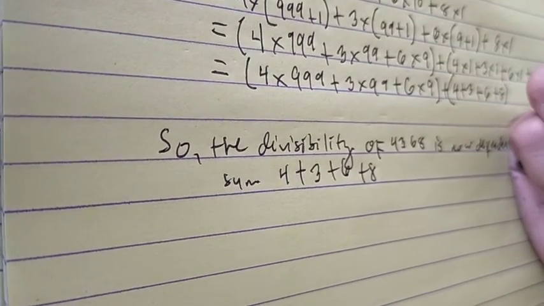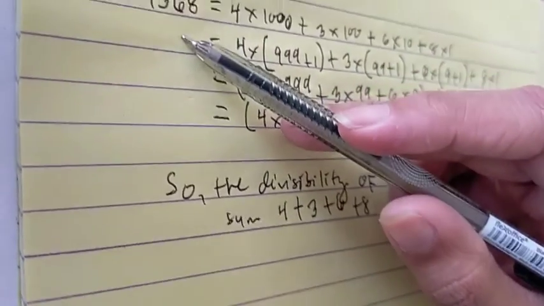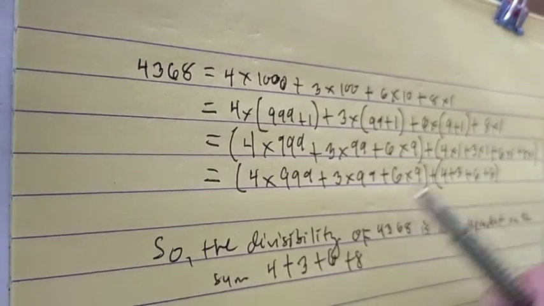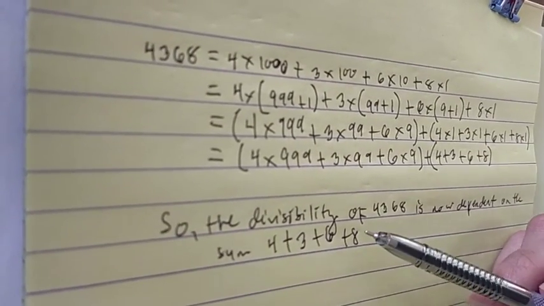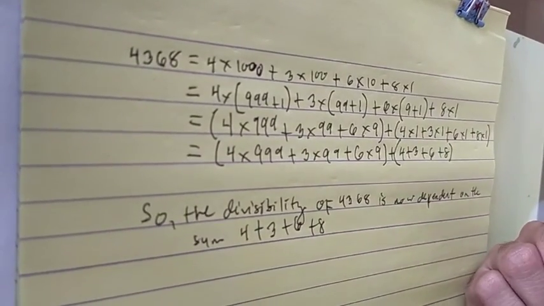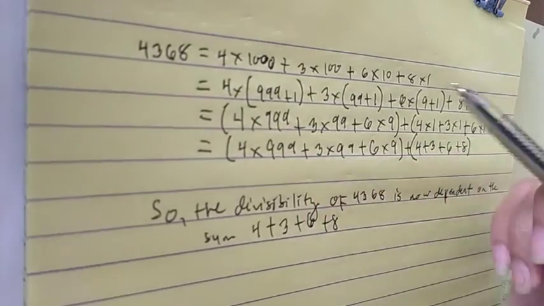Here 4, 3, 6, and 8 are the digits of 4368. From the above, we can say if the sum of these digits is divisible by 3 or a multiple of 3, the number 4368 is divisible by 3.